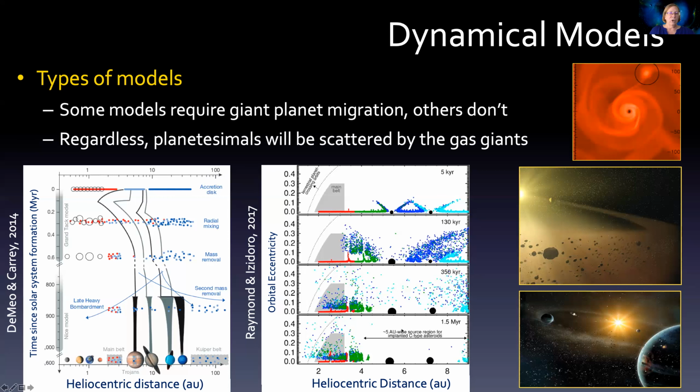Now, obviously, if the giant planets migrate inwards, they're going to more effectively scatter the rocky material outwards. So the amount of rocky material relative to icy material in the Oort cloud may give us a clue of which type of process was operating.